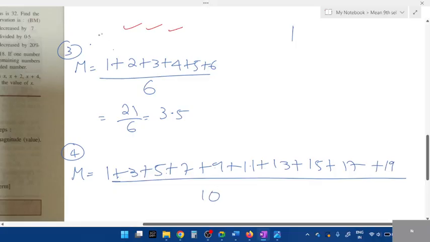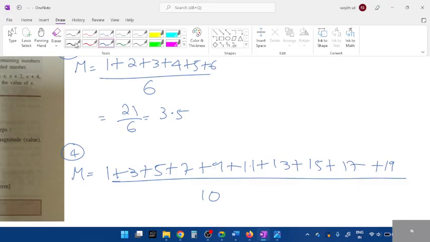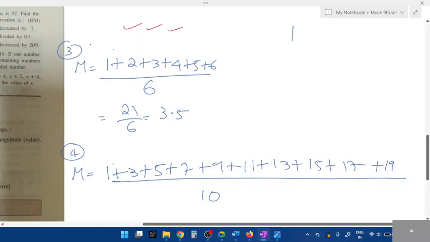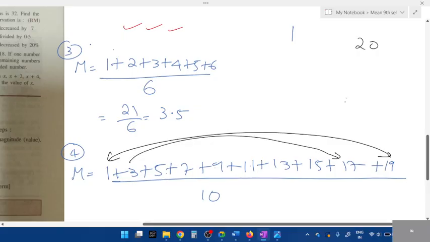See, I'll tell you how to add these numbers. Whether it is odd number or even number, it's very simple. What is 1 plus 19? What is 3 plus 17? 20. Are we getting 20 here?